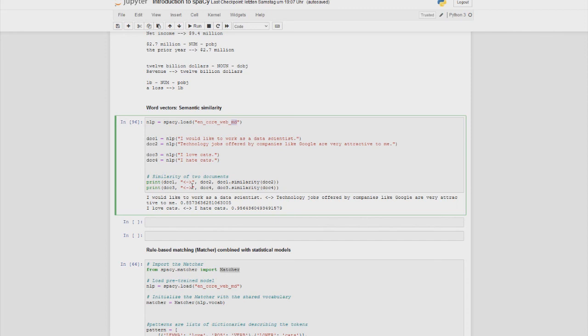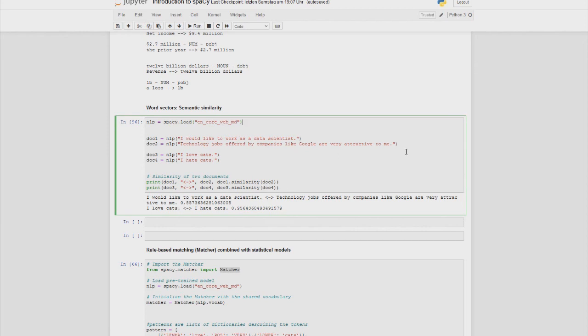So we talked about this in the lecture. Similarity is determined by using these word vectors, which are a multi-dimensional representation of the meanings of these words. In spaCy, the cosine similarity is used by default, but this can be adjusted if necessary. So here I loaded the medium-sized pre-trained model and did some very quick similarity checks.